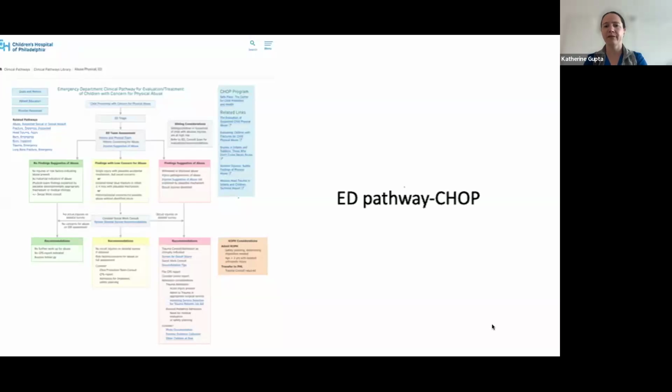So this can be a good reference if you're caring for these children. Not all of these tests or images may be available to you in the place where you are working, but it at least gives you an idea what might be involved and can help you make decisions about whether the child you're seeing can stay where you're seeing them or if you need to transfer them to more of a referral site.